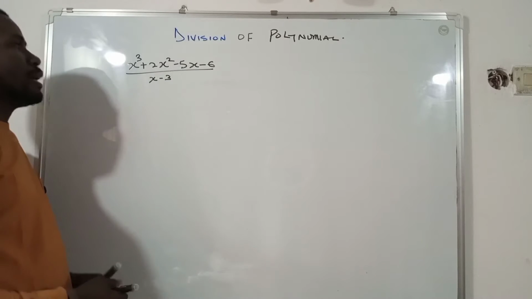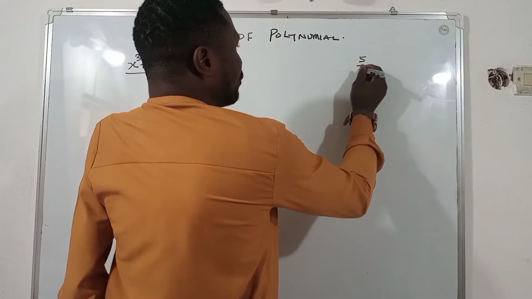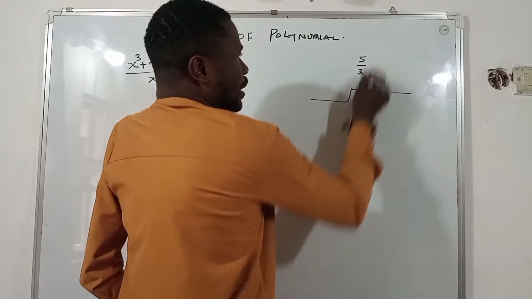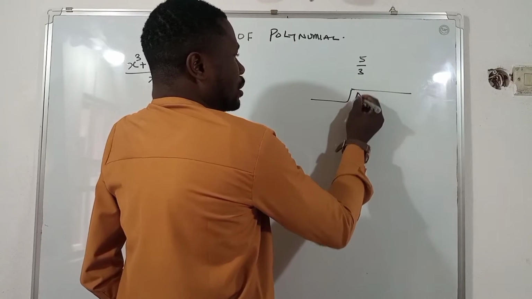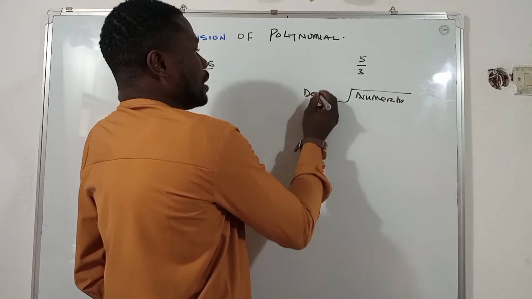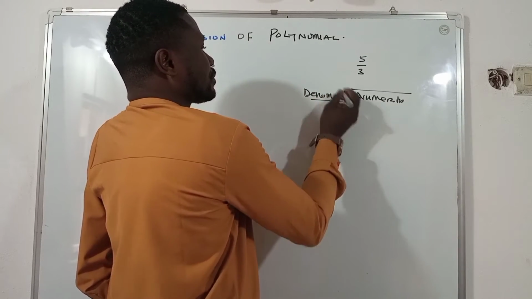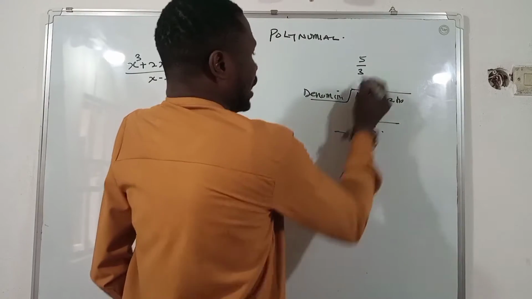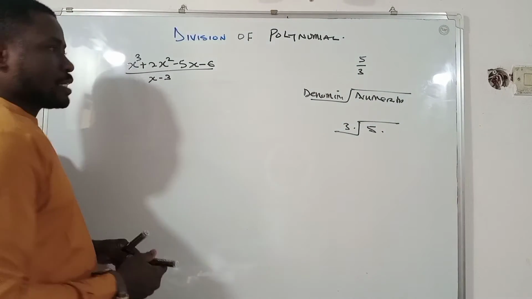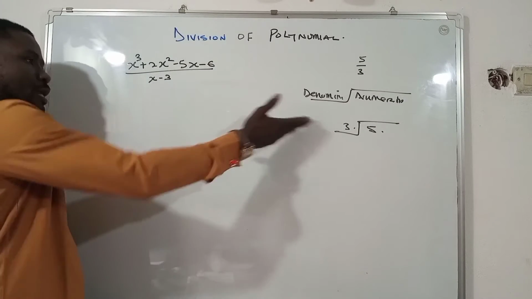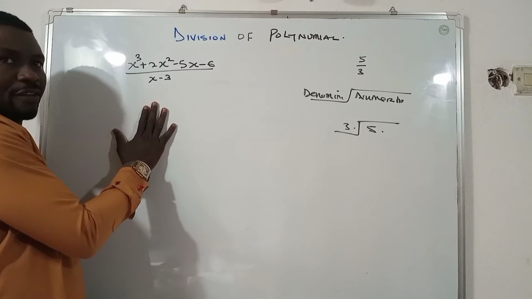You will agree with me that if you're dividing 5 all over 3, you set it up so that the 5 is here, the numerator, while the 3 is here, the denominator. The same thing applies here, so we relate that understanding to what we have here.